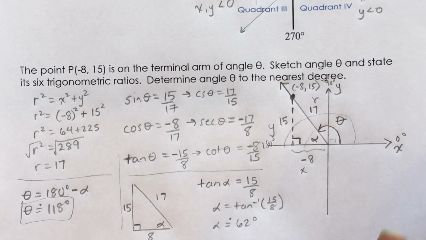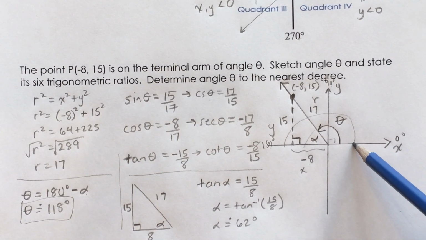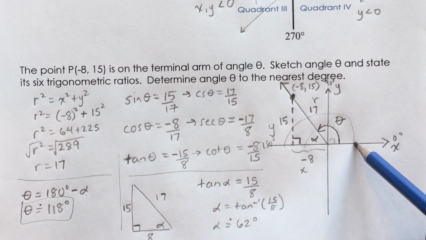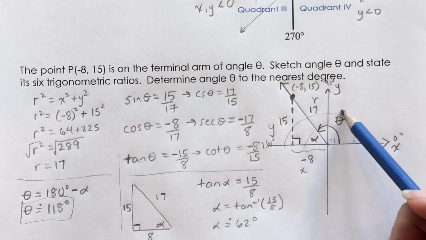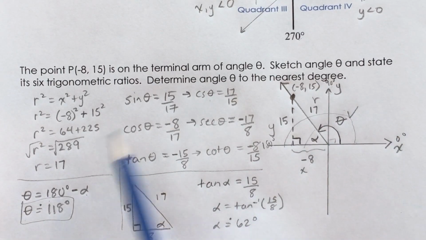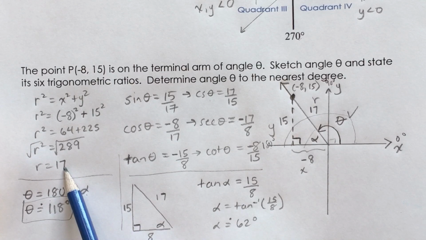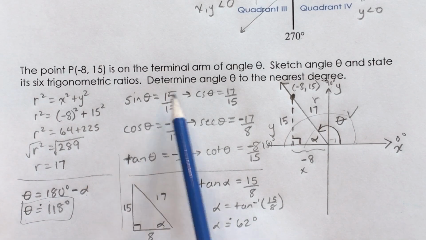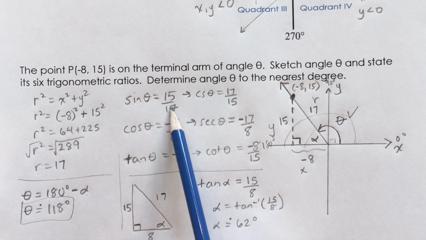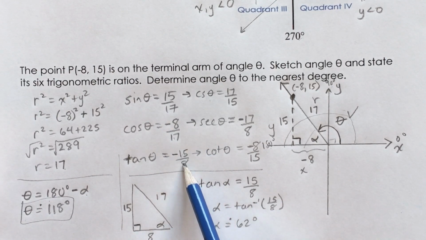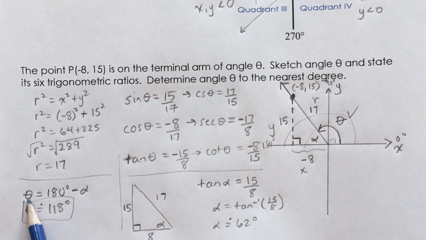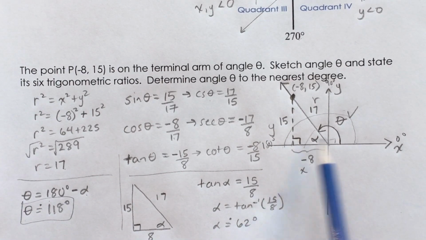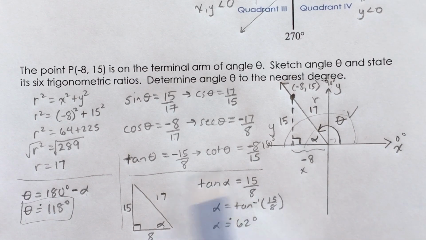Okay, so let's recap what we did here. We sketched the angle in standard position, labeled all three sides, labeled angle theta, very, very important. We found r by using the Pythagorean relationship, stated the ratios y over r, x over r, and y over x, and then their reciprocal ratios. Then we figured out the relationship that theta was going to be 180 minus whatever alpha turned out to be.